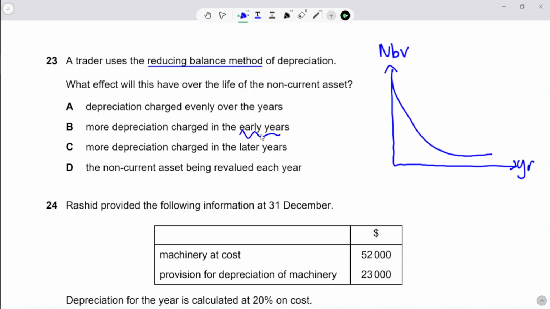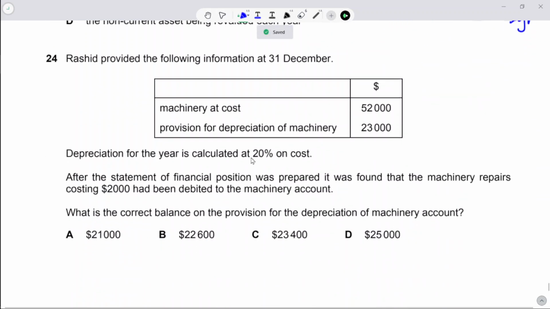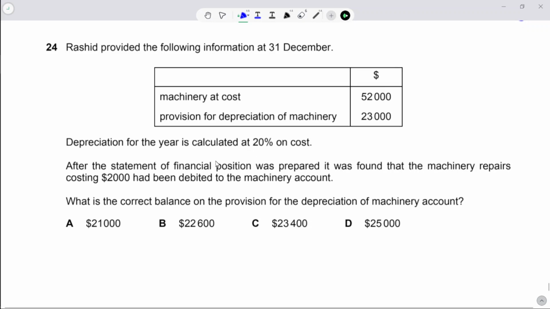So early years, more depreciation. Means in the early years, net book value drops more. So continue.